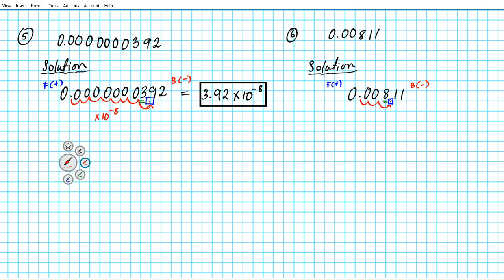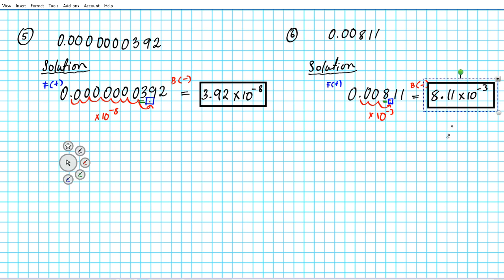So moving the decimal point 3 places to the back is the same thing as multiplying by 10 raised to the negative 3, since the back direction is negative. So 0.00811 is the same thing as 8.11 times 10 raised to the negative 3, to indicate that we moved the decimal point 3 places in the backwards direction. So there goes the answer to question number 6.